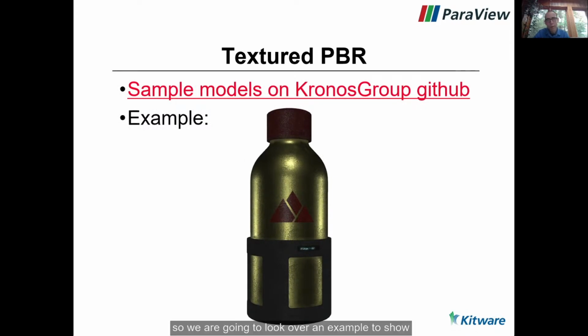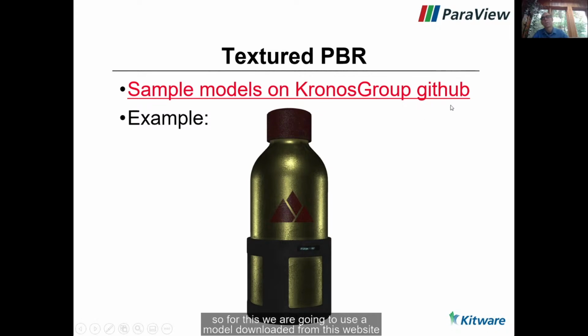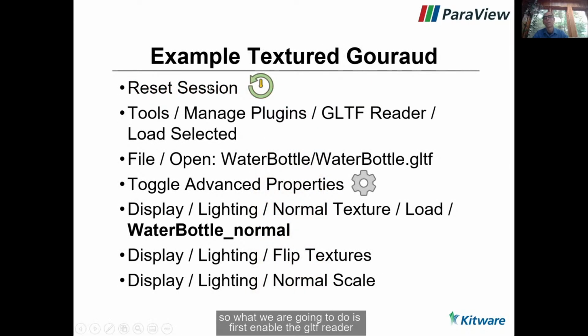So we're going to look over an example to show how all these textures are applied to models. For this, we're going to use a model downloaded from this website. These are free models that you can get from the Khronos Group website. First we're going to enable the GLTF reader, which is a plugin in Paraview, and then open the water bottle that's specified as a GLTF model.